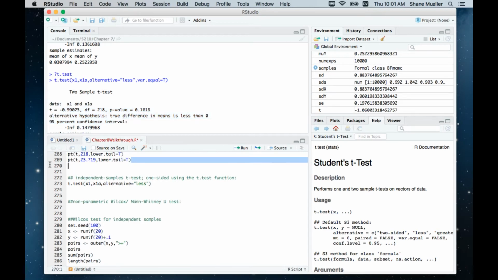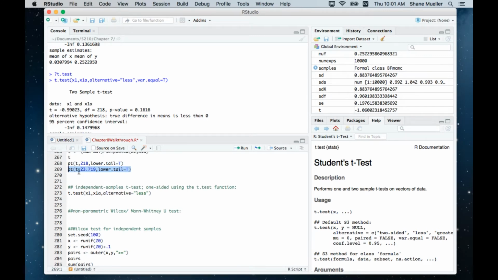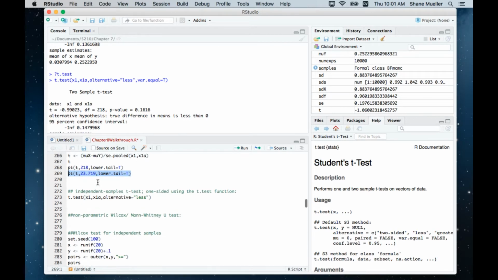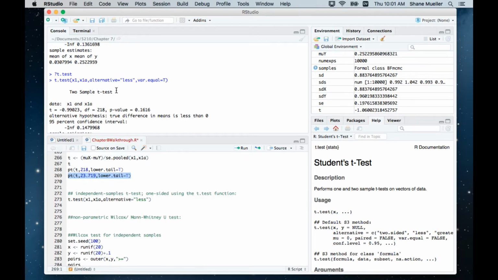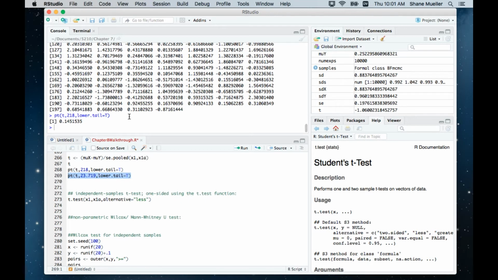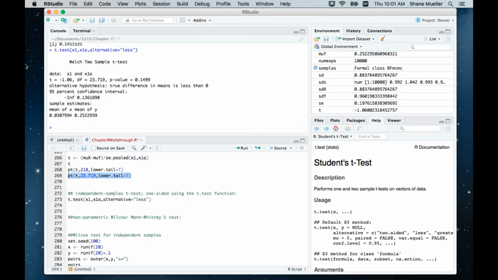Now, what the Welch's test will do is come up with an adjusted value for your degrees of freedom. And even though I had 200 in one of these groups, when it's doing the adjustment, it's saying, well, 23.7 is the right number of degrees of freedom here, because it's going to be highly biased by the group that has fewer observations.